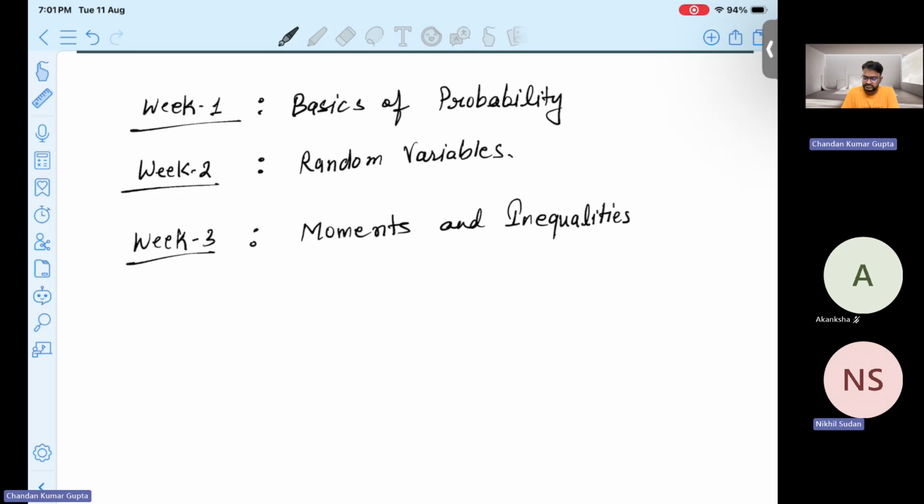We will discuss the mean and variance, which are usually the first and second order moments. Then we will go for the higher order moments.